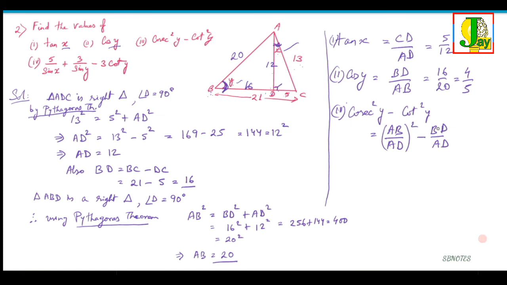Now square of that. So we get AB is 20, AD is 12. 20 by 12 whole square minus BD by AD, 16 by 12 whole square.